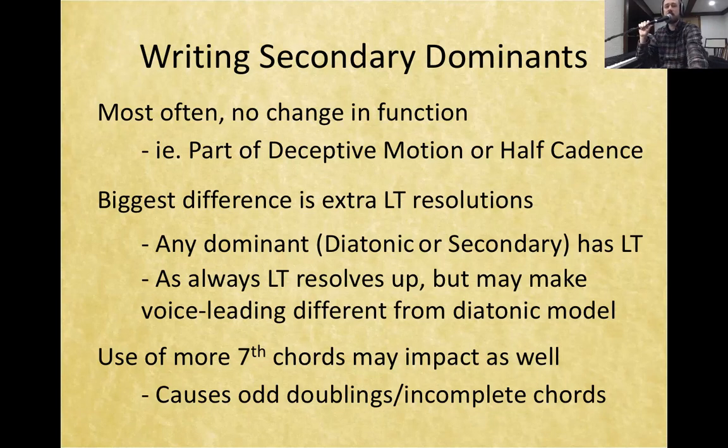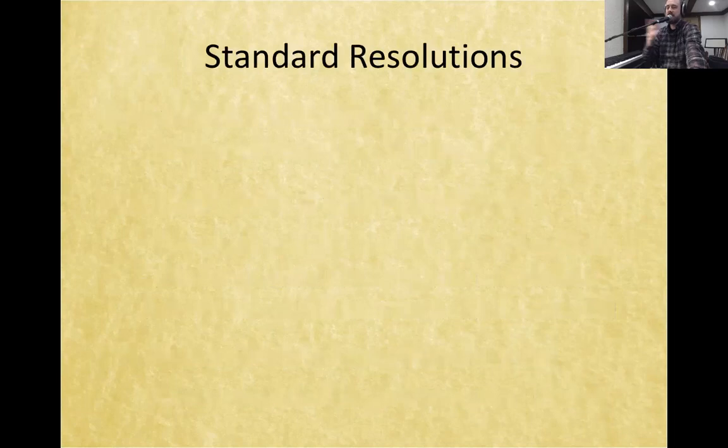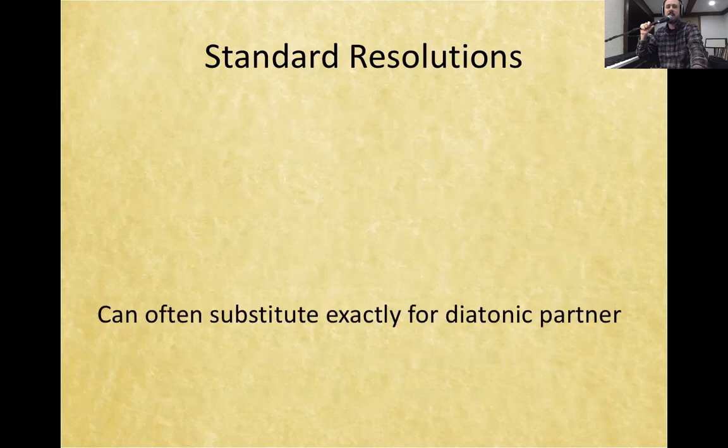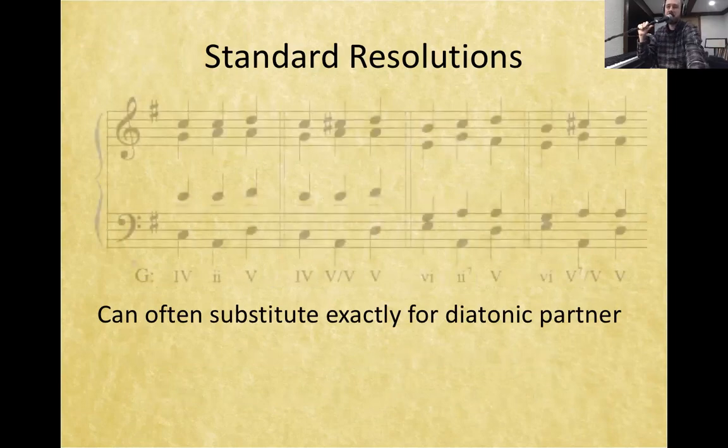All right, so let's look at some examples here. These are pretty straightforward. What we're going to see is that there are many situations where adding a secondary dominant into a progression in place of a chord we would normally find is really almost a one-for-one, no problem type of substitution.